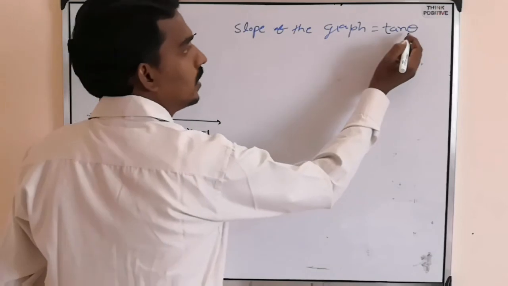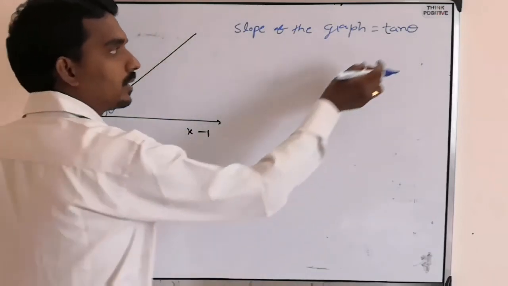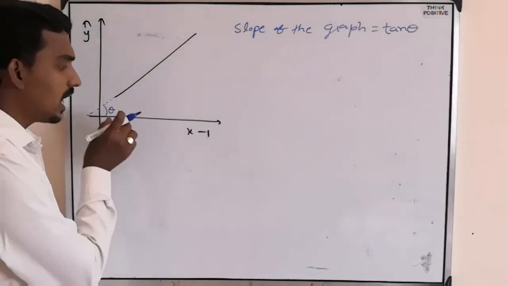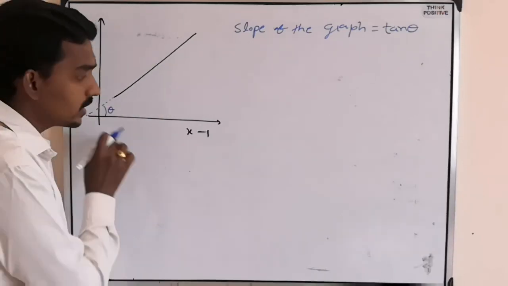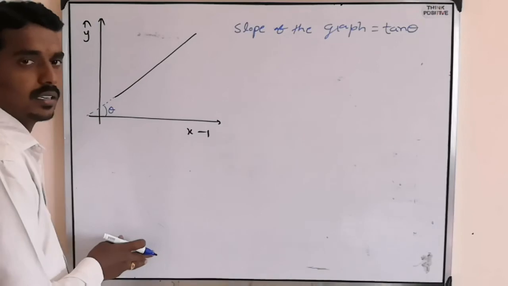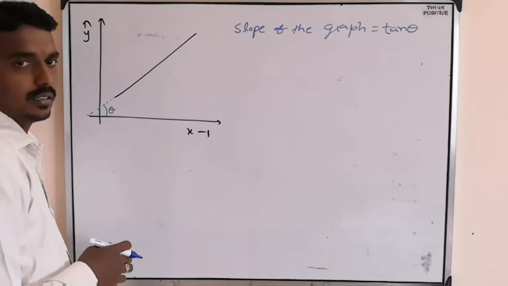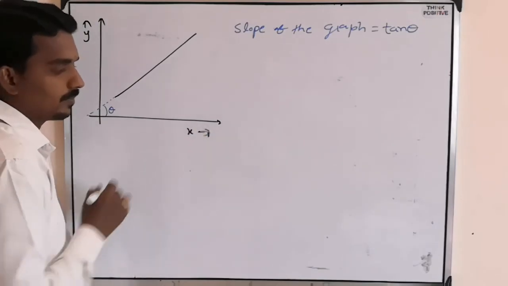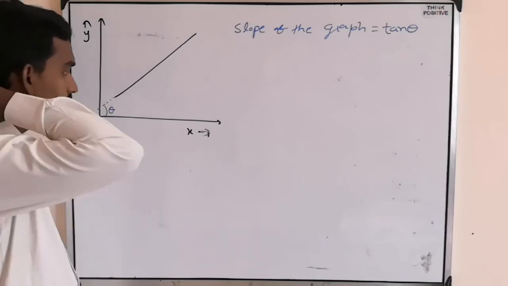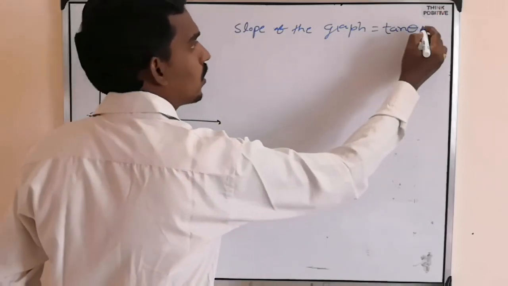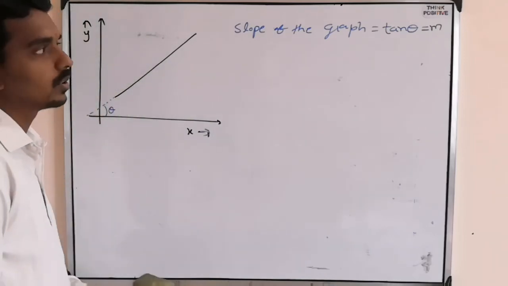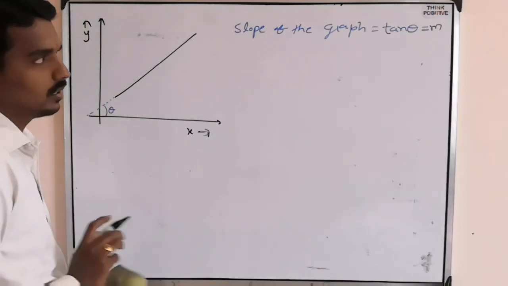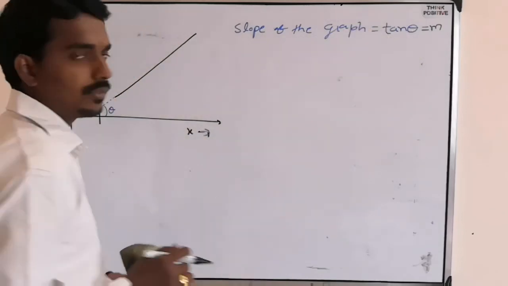Then that is tan theta. What is theta? The angle made by the graph with which direction? Positive x-axis, not negative x-axis. So this tan theta value is called the slope of the straight graph. m equals tan theta.